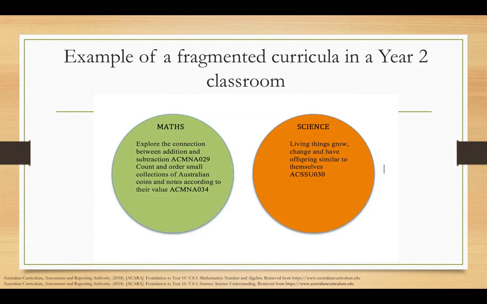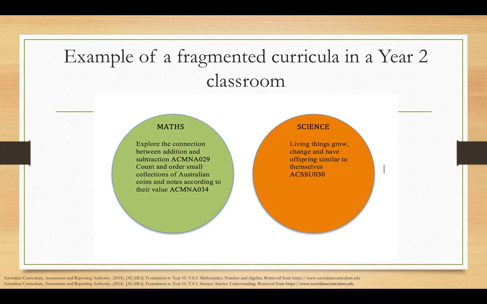In the Australian curriculum, there are areas within a subject that allow for fragmented learning. This is seen as there is no other cross-curriculum area that has any part of the knowledge being taught. In relation to specific areas, we have provided you with two examples. The first is science with the content descriptor ACSSU030, living things grow, change and have offspring similar to themselves.